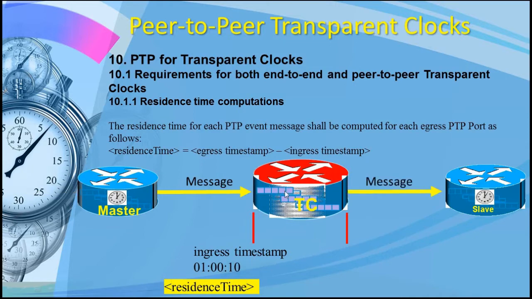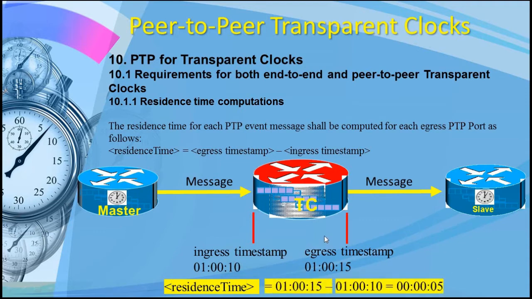After going through the entire transparent clock, the message goes out from the transparent clock. When the message goes out on the egress port, make another timestamp called egress timestamp. So based on these two timestamps, the PTP will calculate the residence time on the transparent clock.